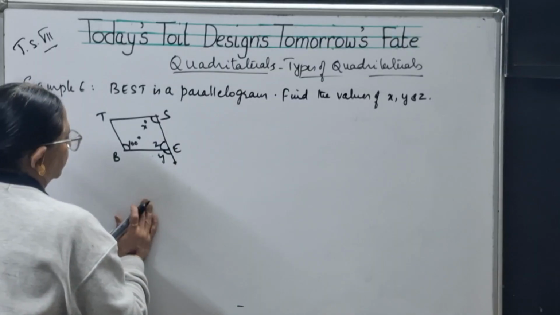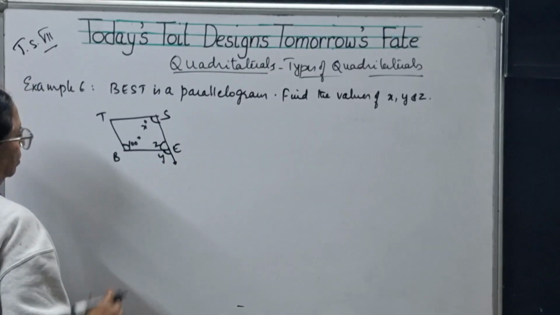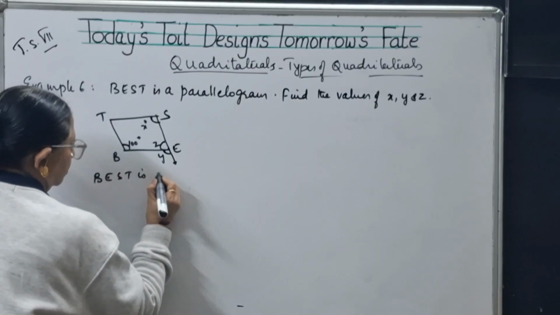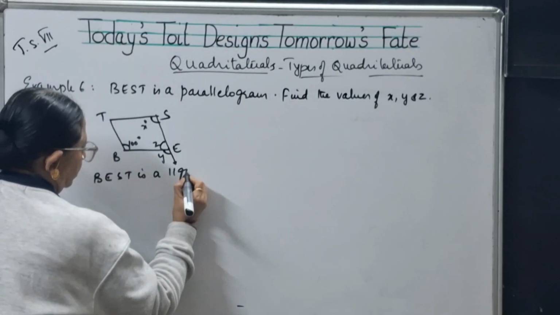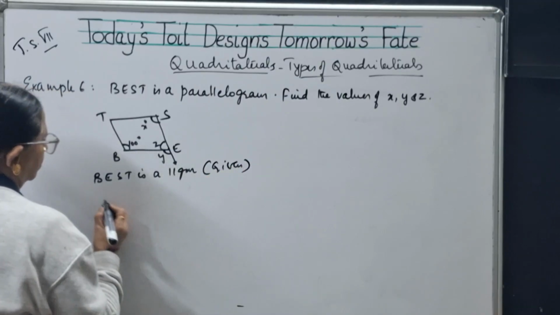Now, this is example 6. BEST is a parallelogram. Find the values of X, Y and Z. So, BEST is a parallelogram. It is given to us.